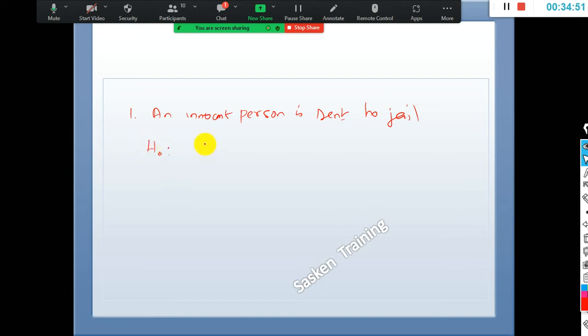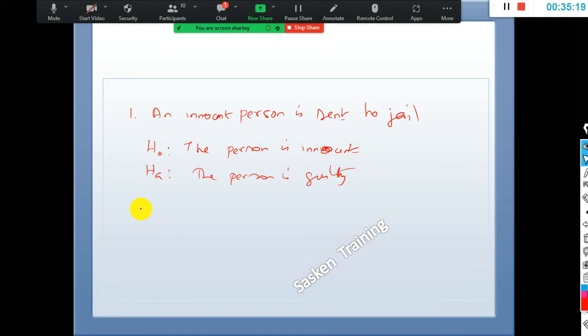This is the null hypothesis: the person is innocent. We are assuming the person is innocent, because this is the statement, right? An innocent person has been sent to jail. And what is the alternative? It is the opposite: the person is a culprit or guilty. This is how you need to write the null hypothesis.